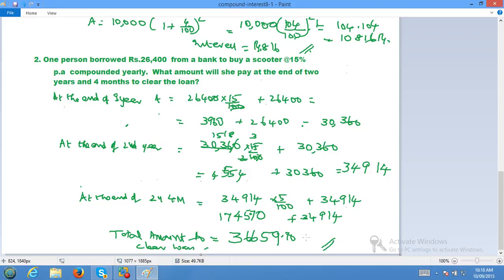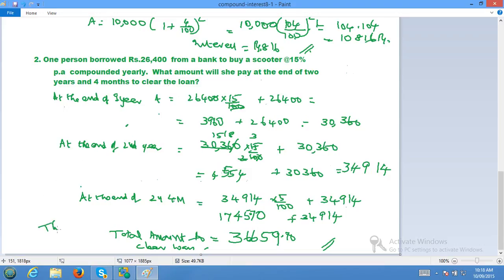So this is the amount. It starts with 26,400. It is jumping to 30,360 here, 34,914 here, and then 36,659. So compound interest means you pay interest again on interest at the end of every year, so the amount will jump like anything. That is the meaning of compound interest.